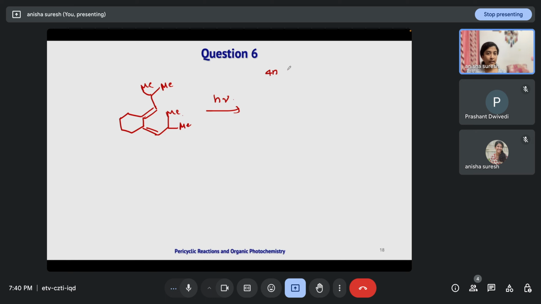So 4n h nu, disrotatory as per Woodward-Hoffmann rules. So disrotatory means once one is clockwise, the other one will be anti-clockwise. So if this is outside, and we move in this direction, it will be coming above the plane.